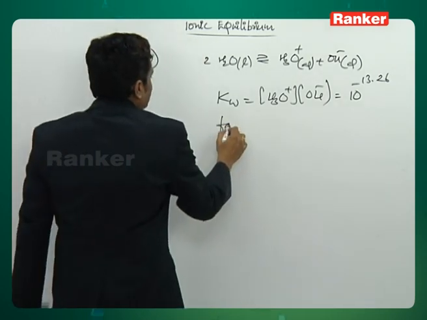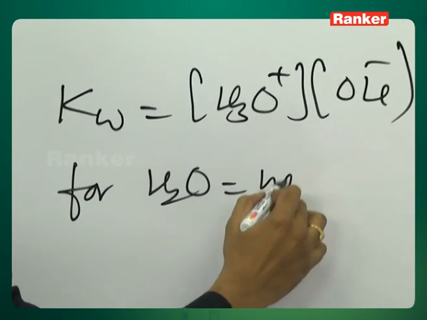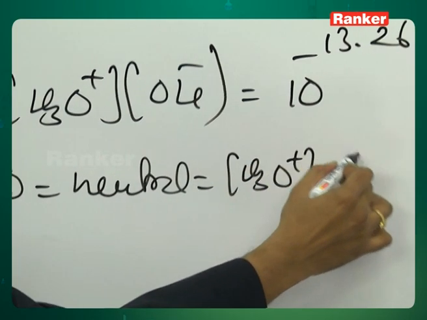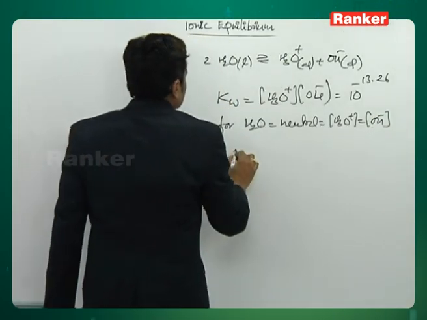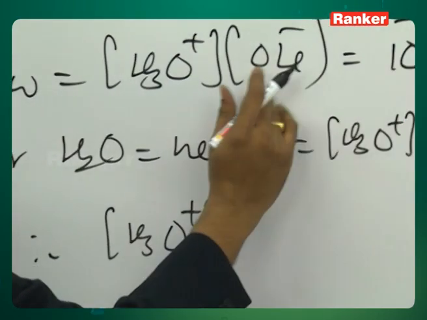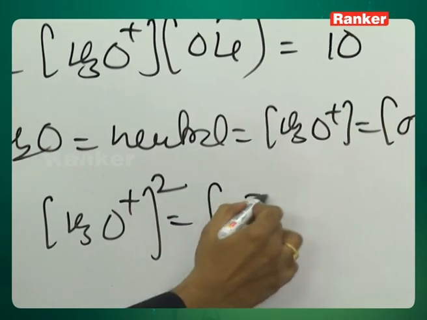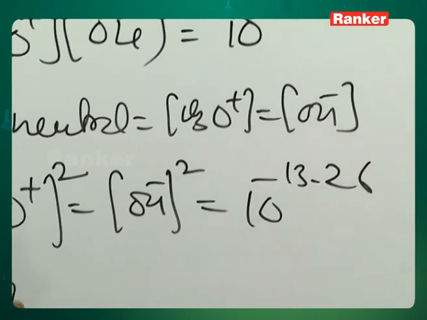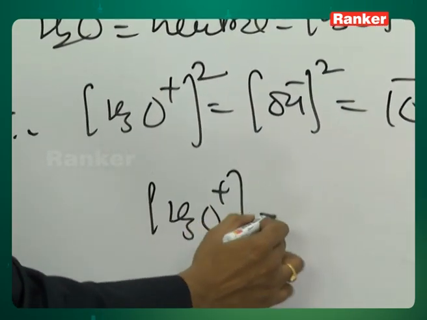Now for H2O, which is neutral, we know that the concentration of H plus is equal to concentration of OH minus. So concentration of H3O plus whole square, when I substitute this relationship here, is equal to concentration of OH minus whole square, equal to 10 to the power minus 13.26.